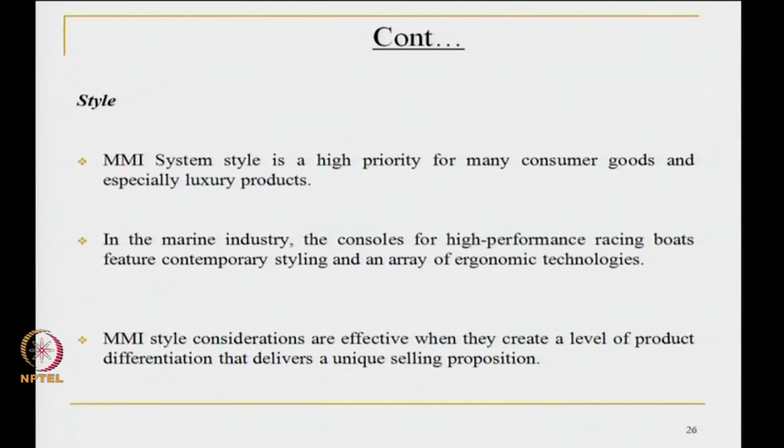And of course, the style. The man-machine interaction system style is high priority for many consumer goods and especially luxury products. In the marine industry, the consoles for high performance racing boats feature contemporary styling and an array of ergonomic technologies, and the marine industry is not the only industry.